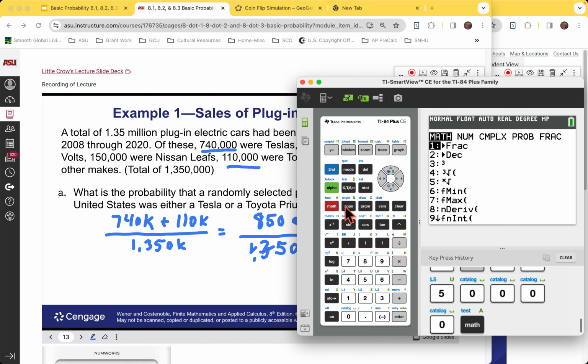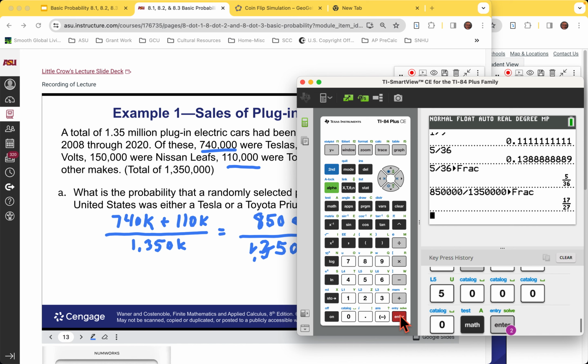And then just remember to turn it back into a fraction, and we get a reduced fraction of 17/27. Took me probably 5 minutes to get to that if I did it by hand, but that's the answer that WebAssign's going to want. Okay, but again, it's just counting, and in this case, we added the 2 cars together, getting this or that, add them together, divided by the total. Good things divided by total.